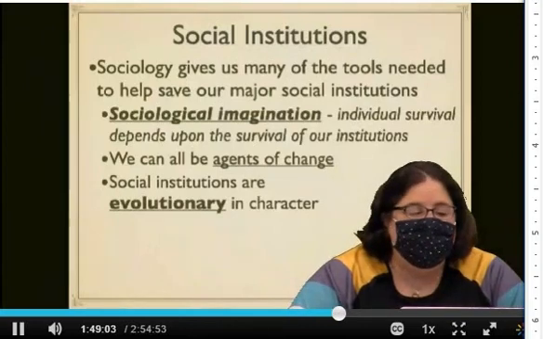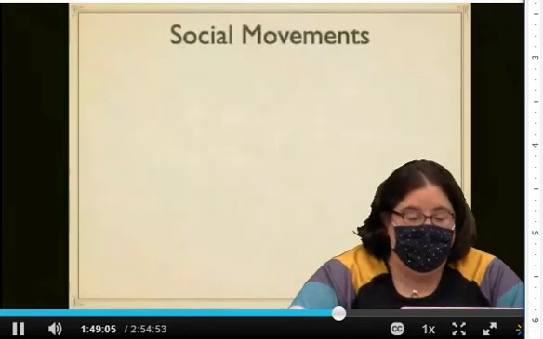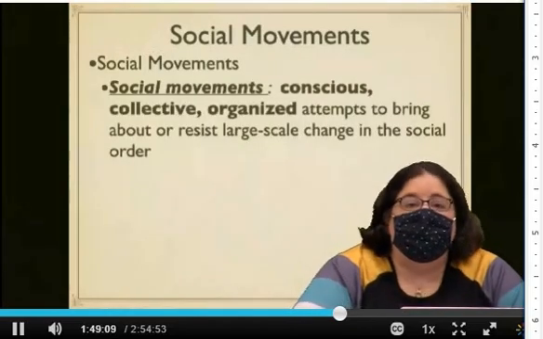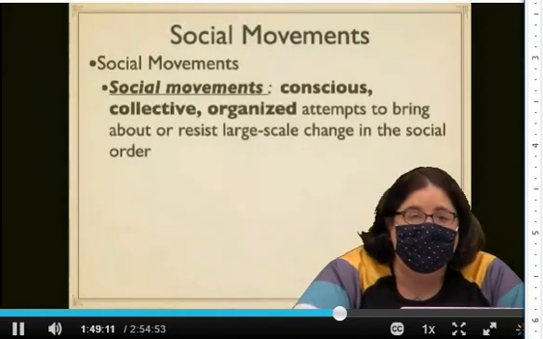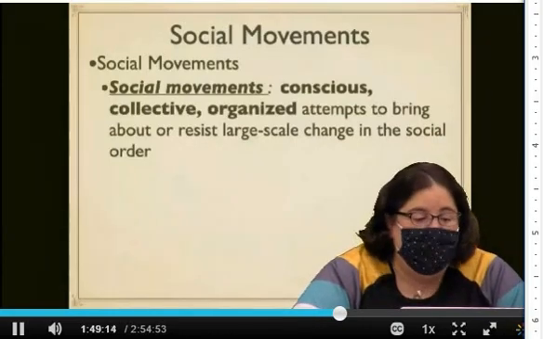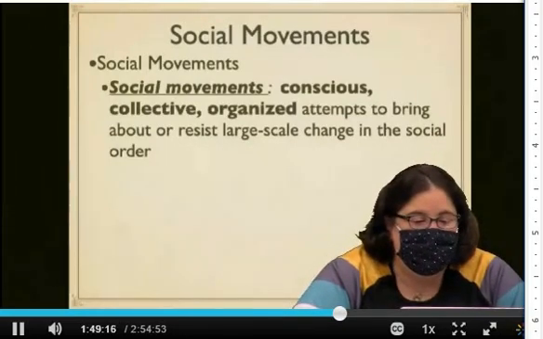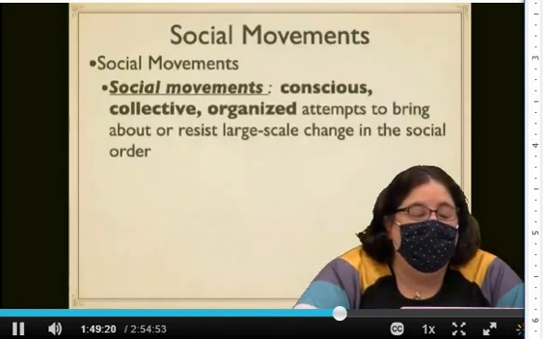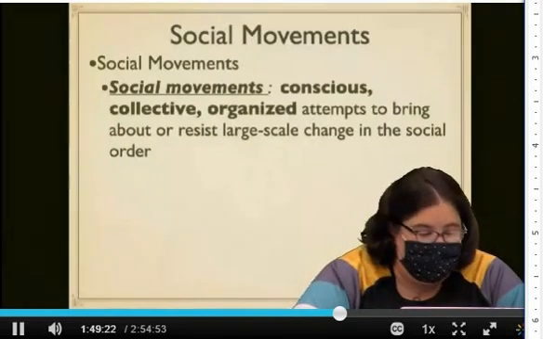So how does this relate to social movements? A social movement is defined as conscious, collective, and organized attempts to bring about or resist large-scale change in the social order.